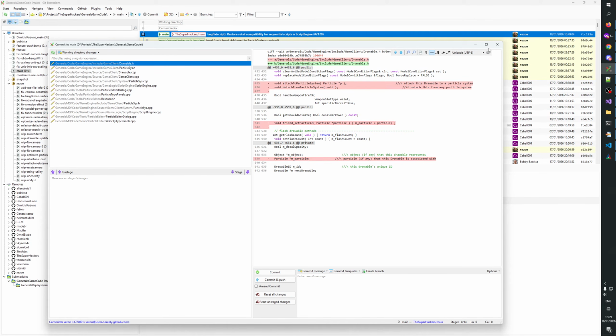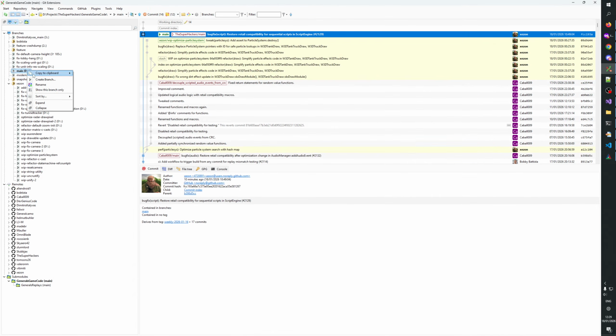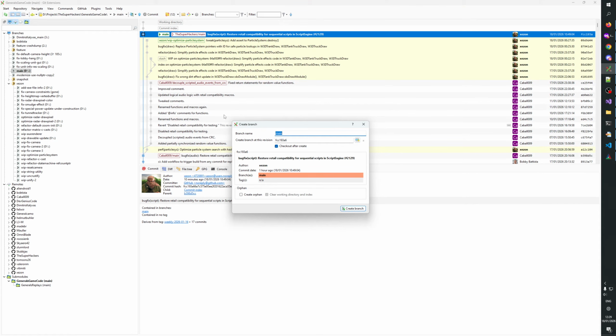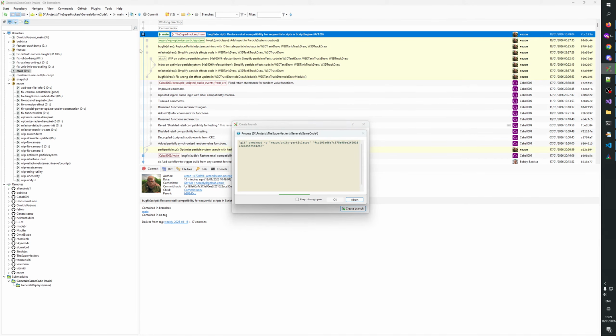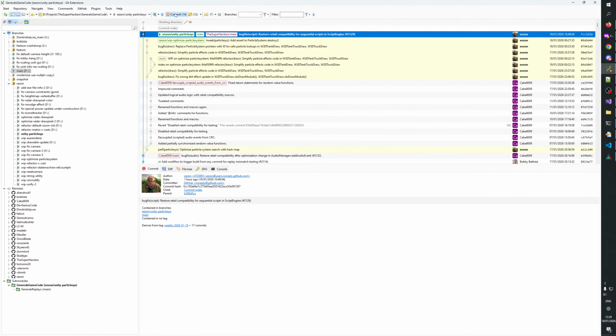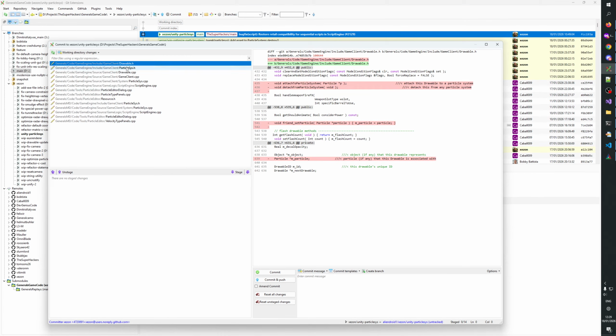Then let's try to break it down into smaller commits. So, unify particle system. ParticleSys. There we go. Okay, and then let's go step by step.